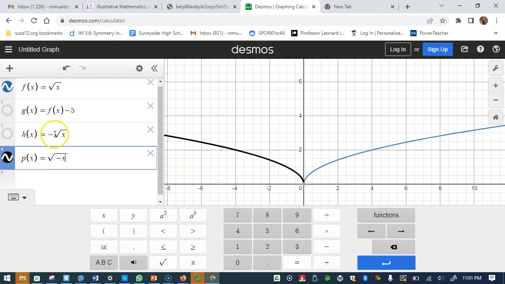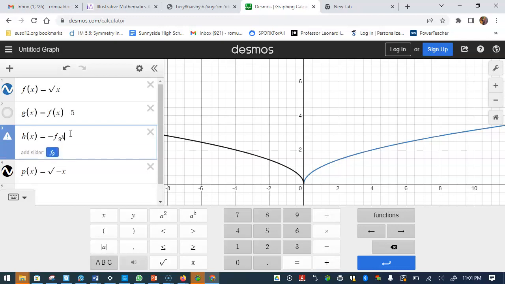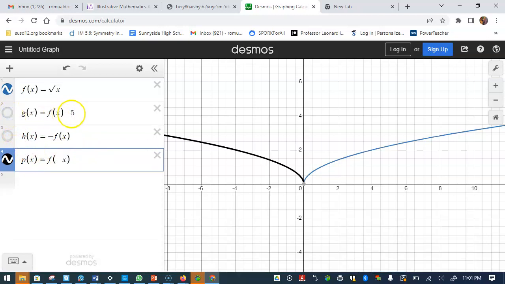So this function is basically minus of f of x, and this function is f of minus of x. You're changing the input here, and this one I already showed you how to go about.